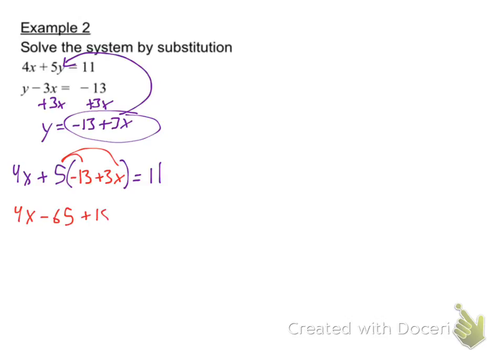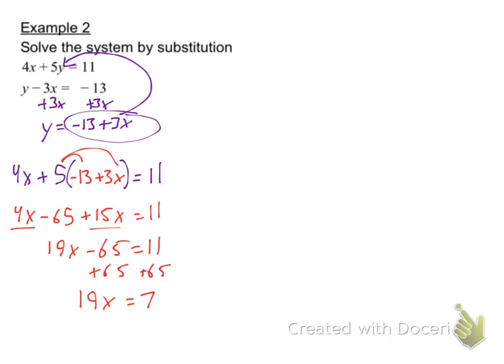And that should equal 11. 4x plus 15x happens to make 19x, minus 65 equals 11. Add 65. 19x equals 76. 1976. Bicentennial, guys. Divide by 19.